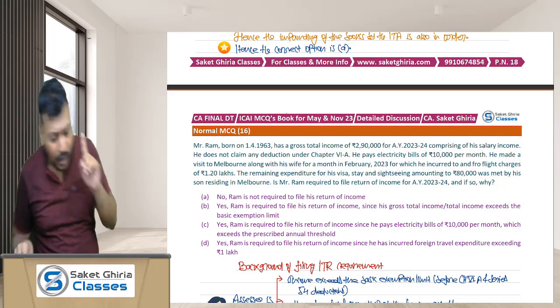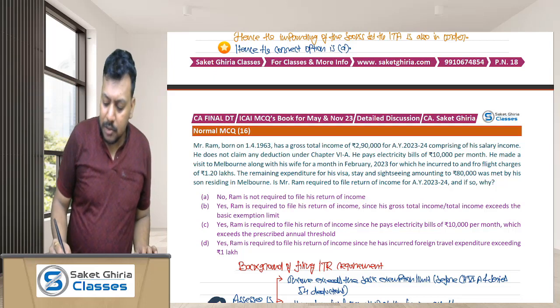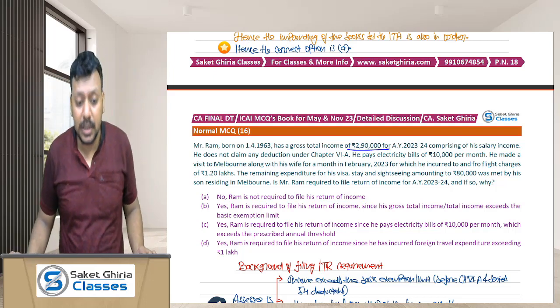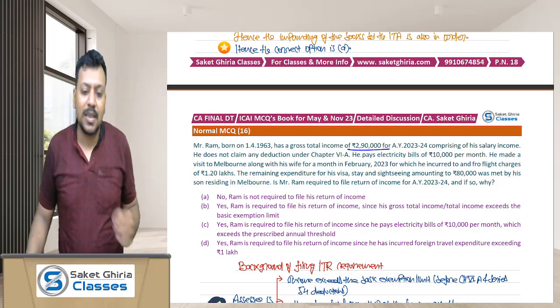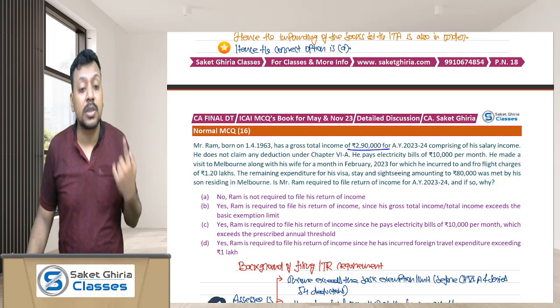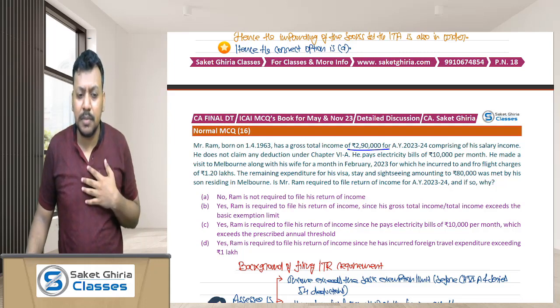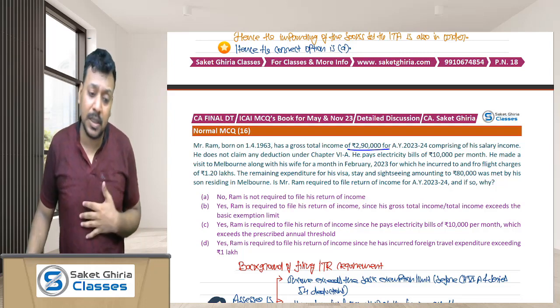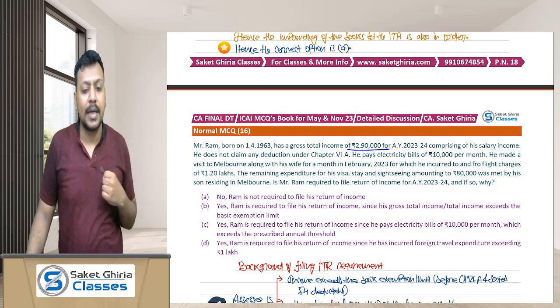Here the total income of Mr. Ram is 2,90,000. First we have to see what the basic exemption limit applicable for Mr. Ram is. Sir, the basic exemption limit is rupees 2,50,000. Yes, dear, I agree.